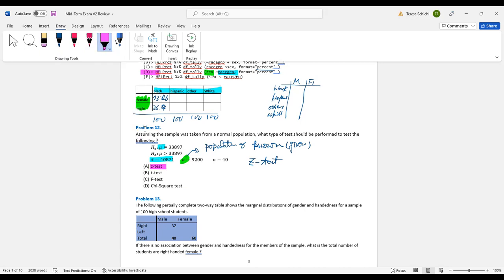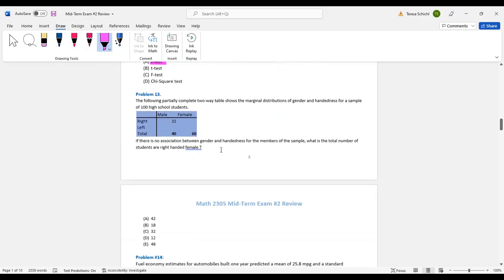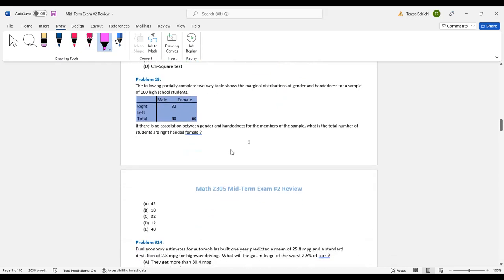Okay, let's take a look at number 13 here. Number 13 says the following contingency table shows the male and female students for 100 high school students, and how many of them are right-handed and how many are left-handed. They ask, if there's no association between gender and handedness, what is the value?